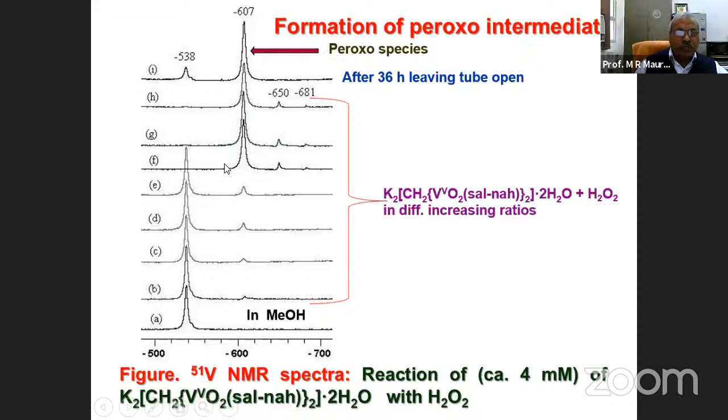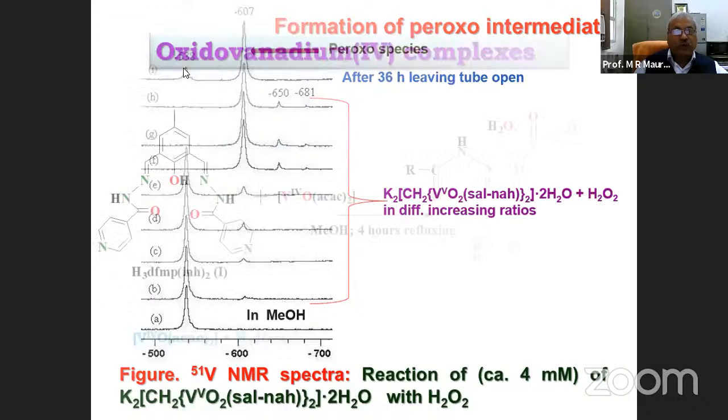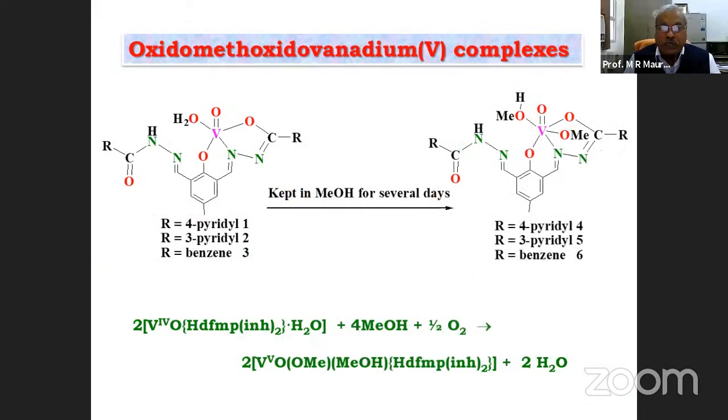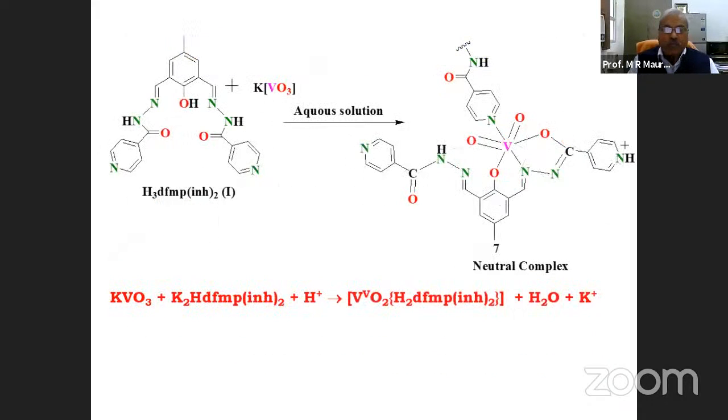We could see the nice peak, but if we keep the solution for a very long period of time, then you will see that this peak is completely gone, and then it is generating this species. All right. And we extended it with different types of reagents, different types of compounds, and we could characterize that.